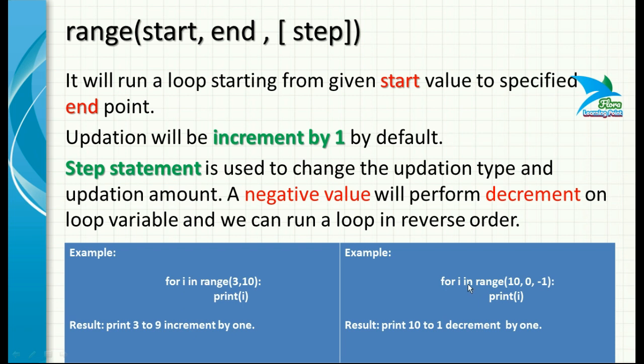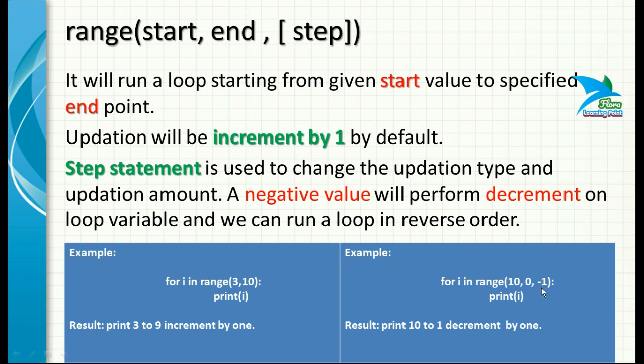And next, if you specify a for loop with the range function with three parameters, here we have the example for i in range 10, 0, -1. The -1 value indicates that we are going to run the loop in reverse order. So here we can also specify a positive value.